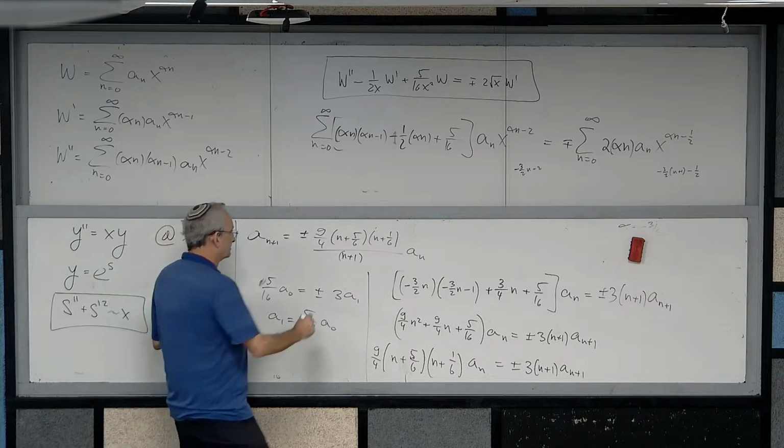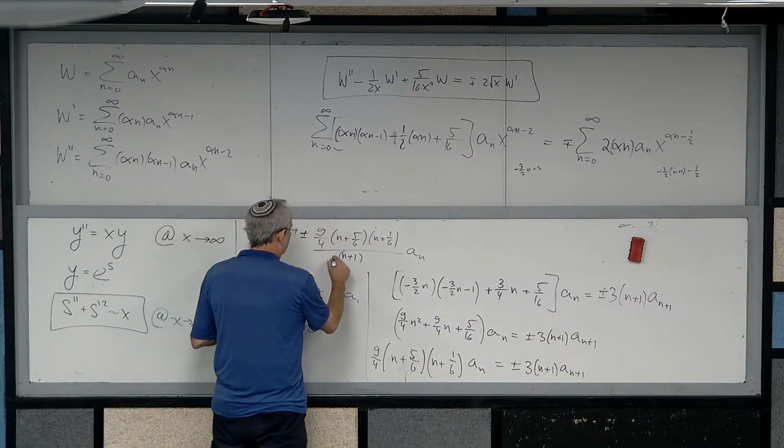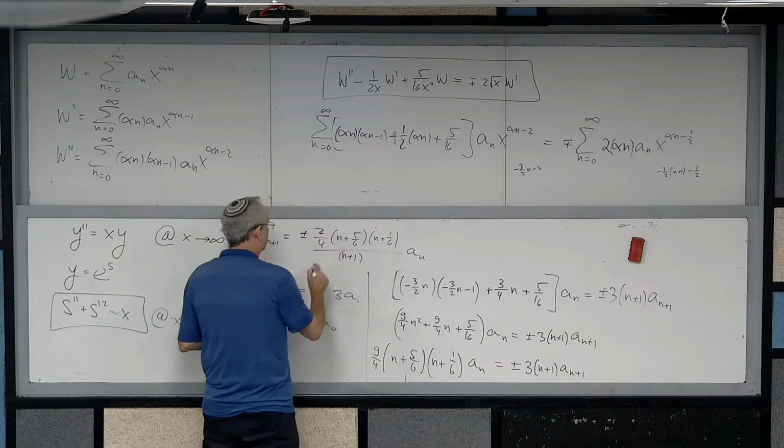Where is the 3? Downstairs. So you can just make it 3 quarters. Yeah.